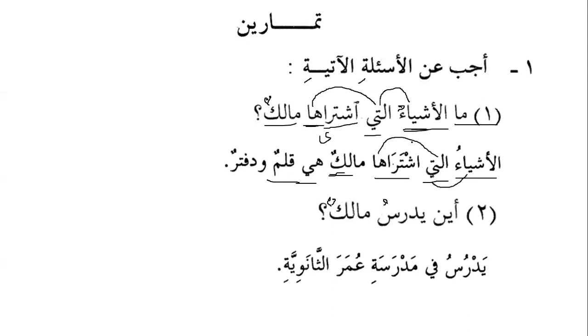When we say ma al-ashya'u ishtaraha, and we don't have allati, then it refers directly to ashya. But when we use allati, we know that we have used allati for ashya. That's number one. Number two, allati is ismul mawsul, and whenever we use ismul mawsul, it always needs a damir, a pronoun that returns to it.